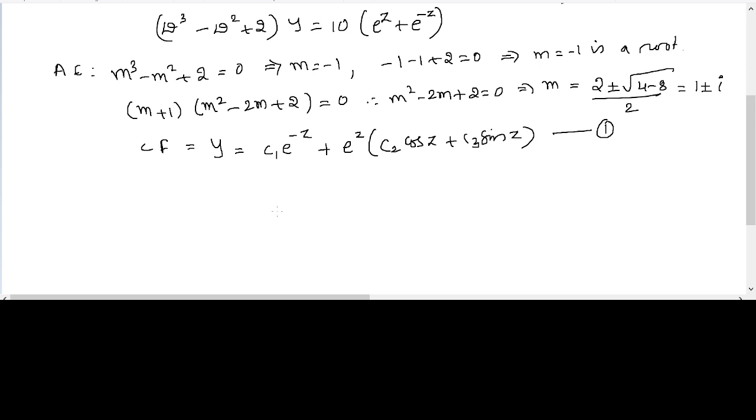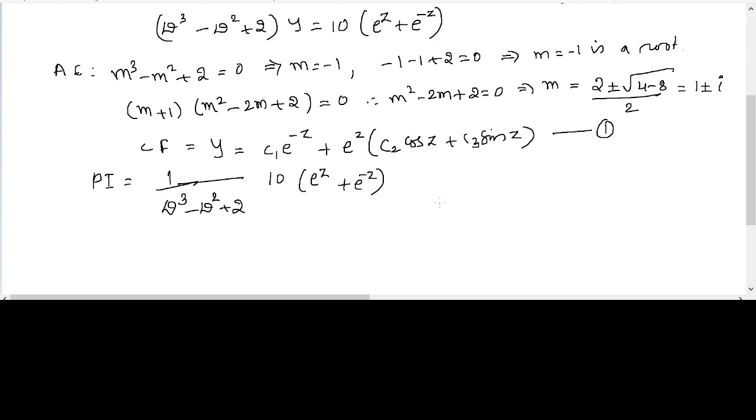Now we go for finding the particular integral. So what is the particular integral? This definitely resembles the first case of PI where the right hand side is exponential. There we need to replace D by a, D square by a square, etc. So for finding PI we write 1 by f of D, where f of D is D cube minus D square plus 2, of 10 into e power z plus e power minus z.